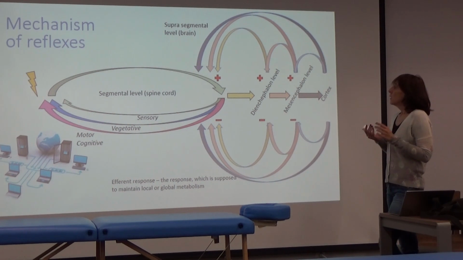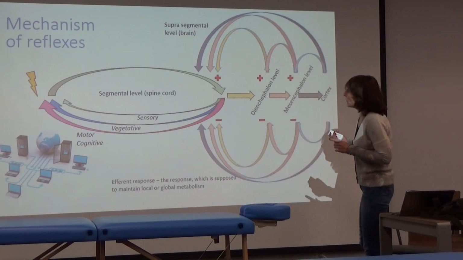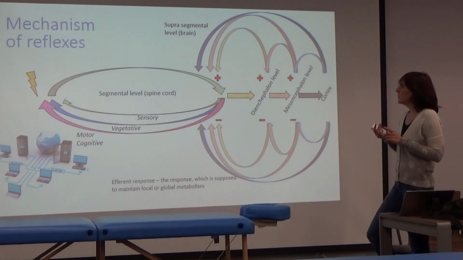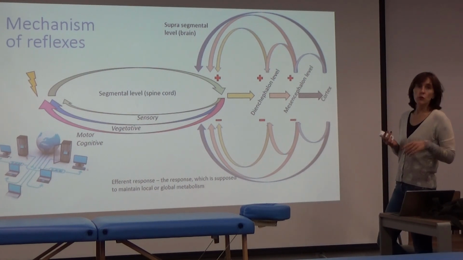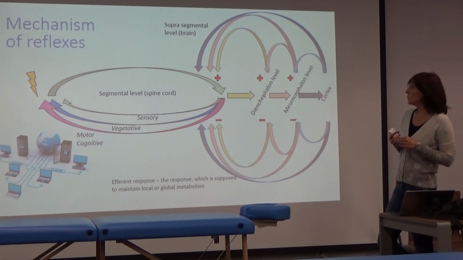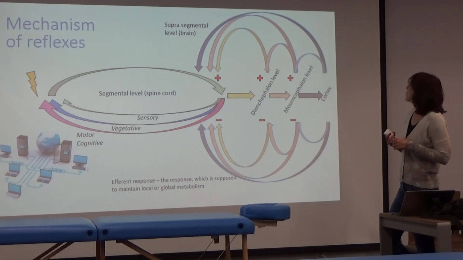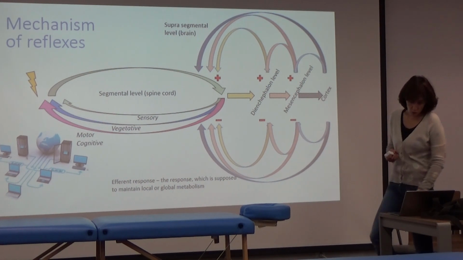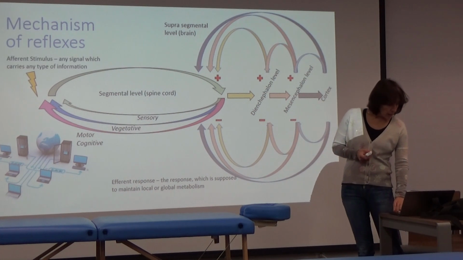It could be sensory reflexes, vegetative reflexes, or muscular reflexes, and then they're going to be regulated on the level of the spinal cord, on the suprasegmental levels in the actual brain. It could go to the encephalon, it could go to the mesencephalon, and finally it could reach the cortex. So it's much more complicated.